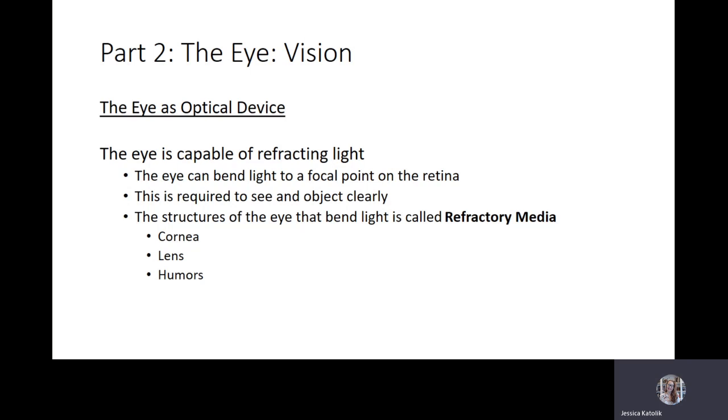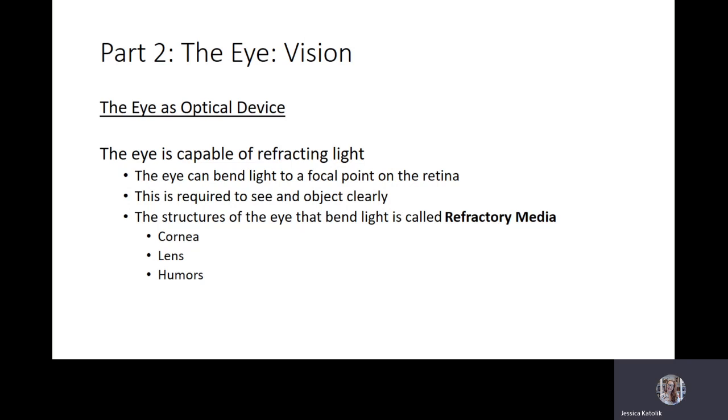But note that the focusing on the retina is actually a multi-point image that is much more complex. So be aware that we are simplifying the process. All right, with that disclaimer out of the way, let's talk about it.